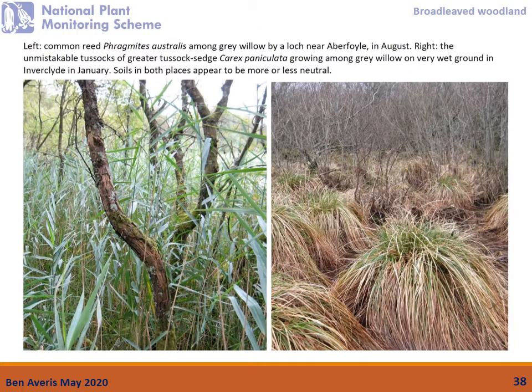The one on the right has the greater tussock sedge, Carex paniculata, one of our biggest sedges. So we've got one of our biggest sedges and one of our biggest grasses on this page. Greater tussock sedge, incredibly tufted, the whole thing building up year by year on these dense stools that can get really pretty tall, a metre or so tall. And the leaves very long, and they have sharply toothed margins.